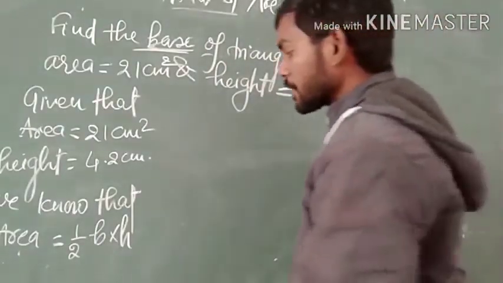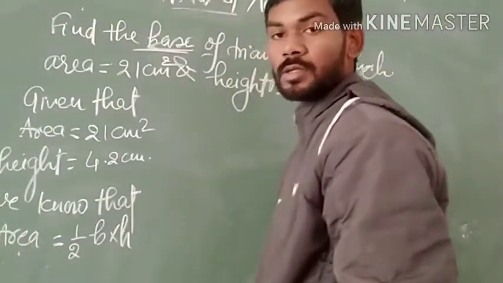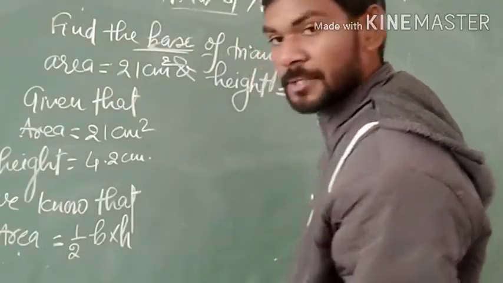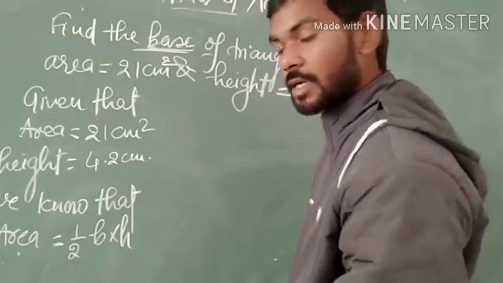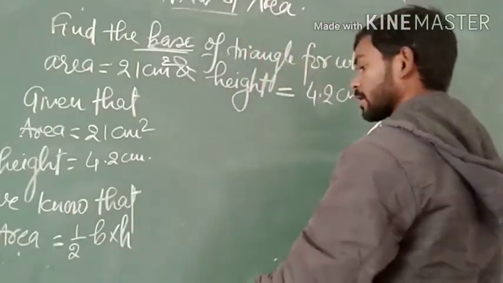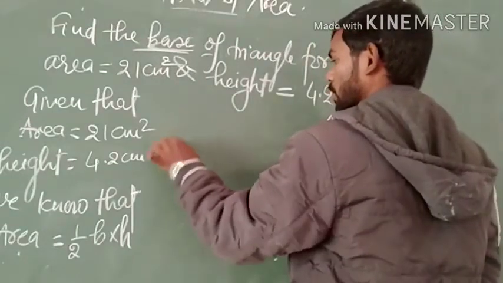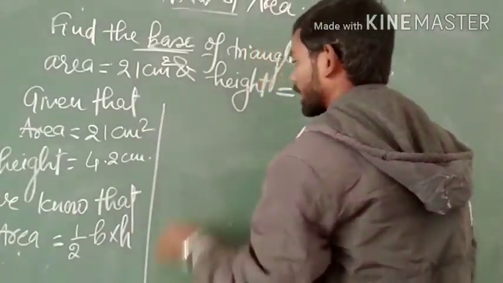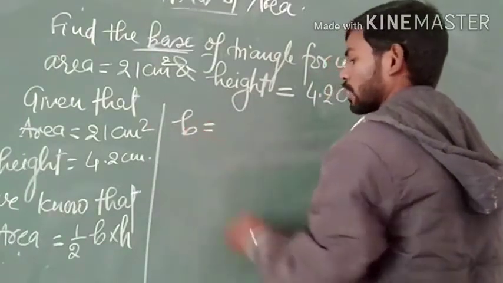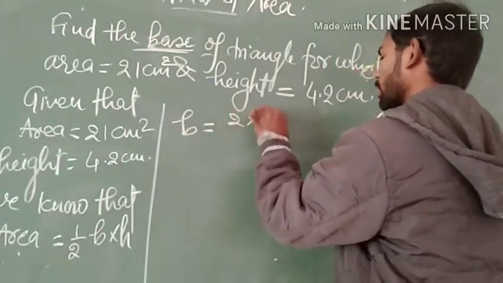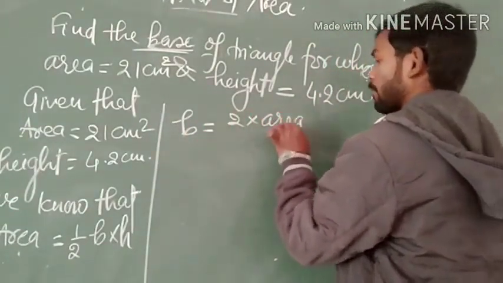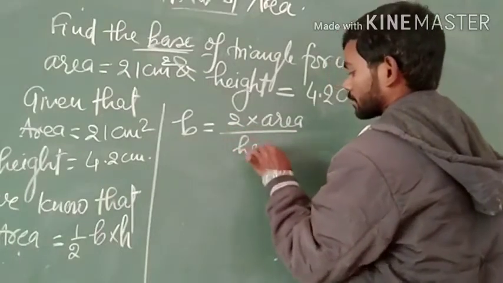Okay? If we solve this formula, that is, just transfer some data, we get b is equal to, from this formula we can write b is equal to 2 into area upon height.